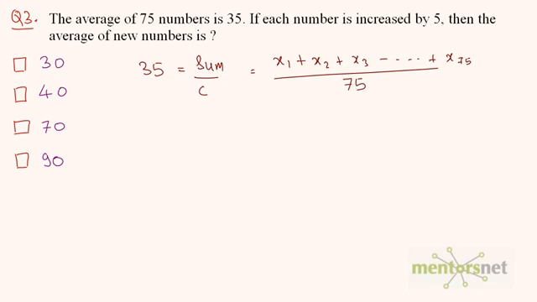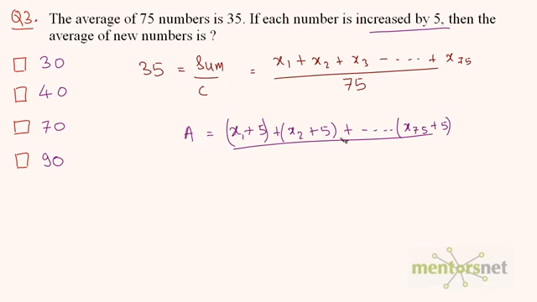So what is the new average if each number is increased by 5? Let us increase each number by 5. So A, which is to be found out, is equal to x1 increased by 5, then x2 increased by 5, and so on till x75 increased by 5, divided by the count, which is the same, 75.